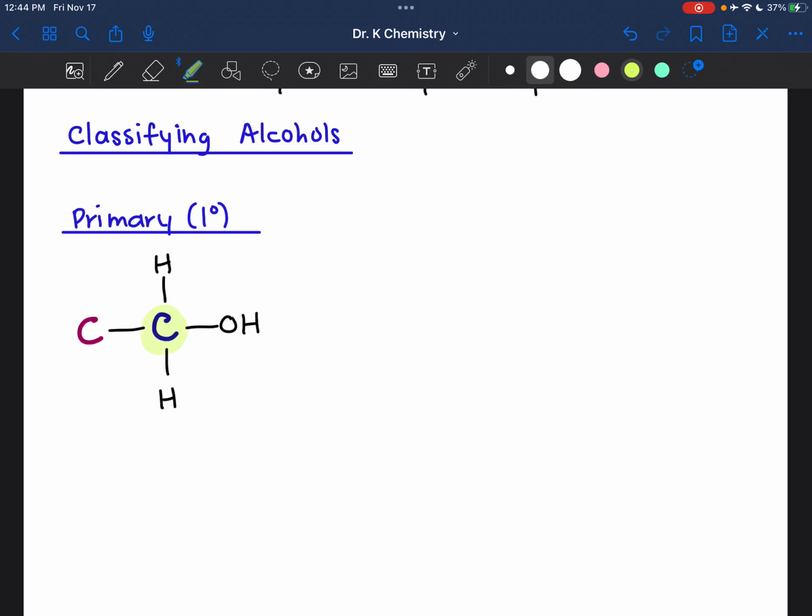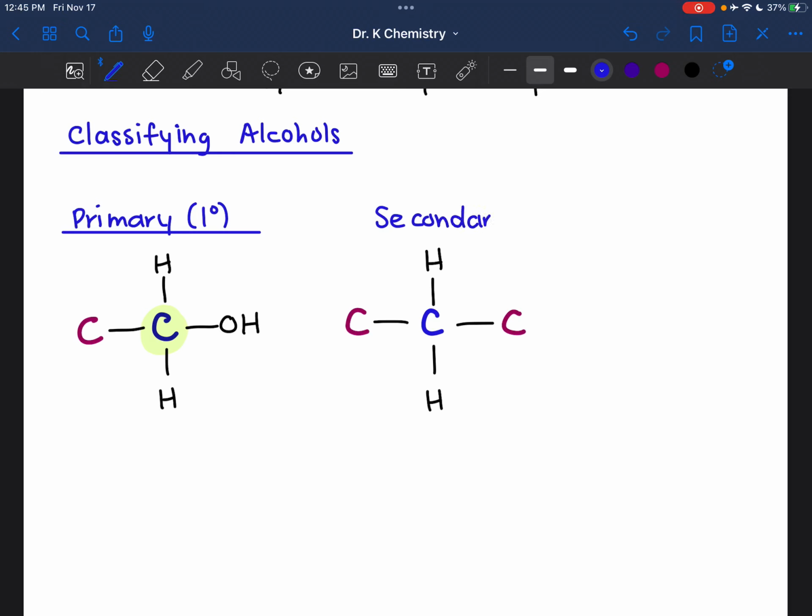And this is all based on the classification of that carbon that is directly attached to the OH group. It's attached to one carbon, primary alcohol. If instead it was attached to 2 carbons, then we would call it a secondary alcohol.